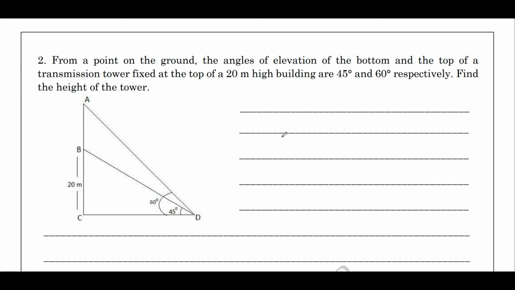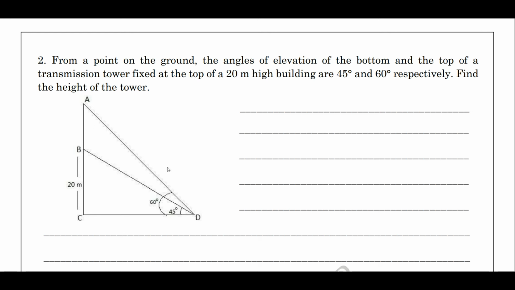What is the first step? First read the question. From a point on the ground, the angle of elevation of the top and the bottom of a transmission tower fixed at the top of a 20-meter high building are 45 degree and 60 degree respectively. Find the height of the tower. So what are the right angle triangles here?